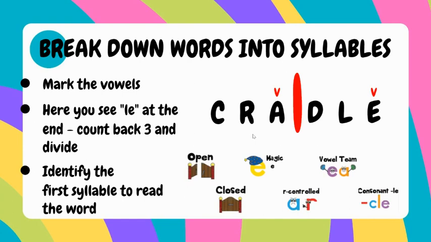So, in the first part of the word, is this an open, closed, magic E, controlled R, vowel team, or consonant plus LE situation? Well, this syllable ends in a vowel. So that means it's an open syllable. The second part ends in the DLE. It ends in a consonant plus an LE, which follows that rule as well.